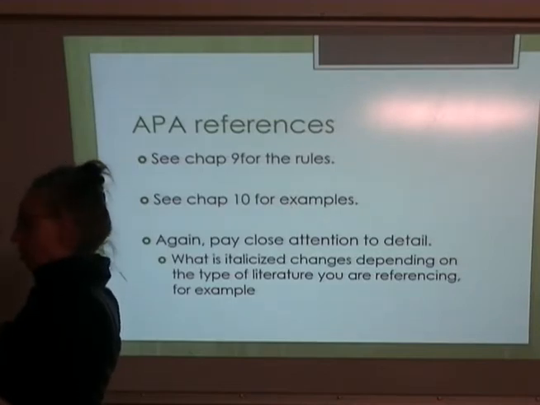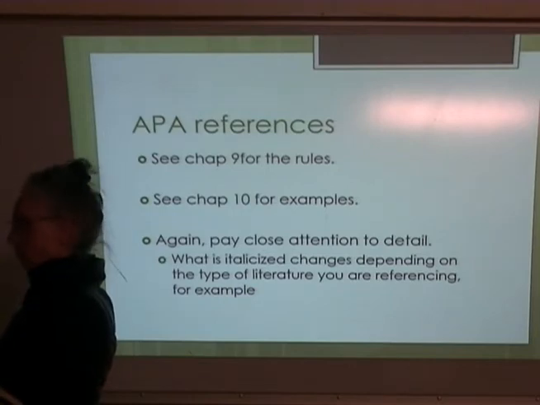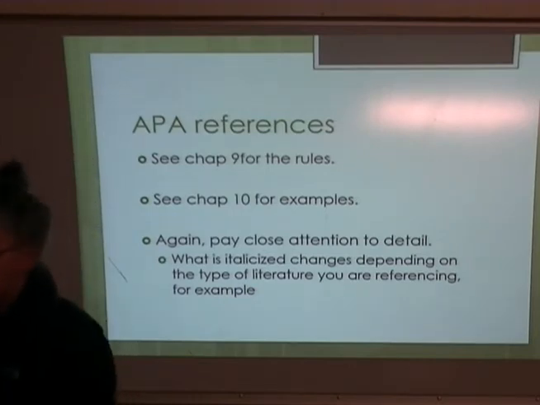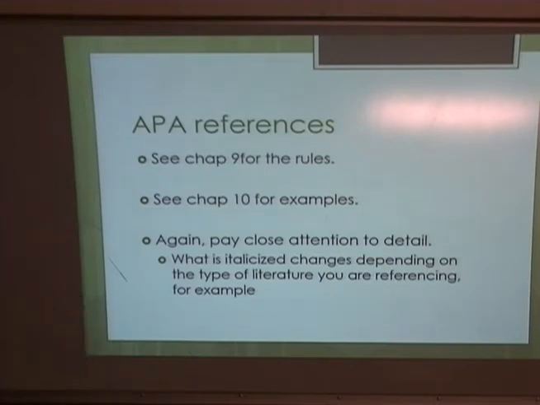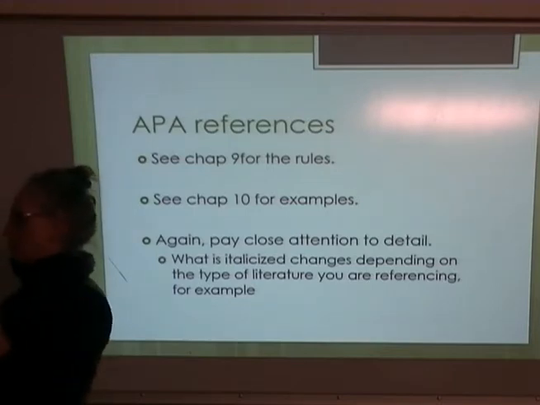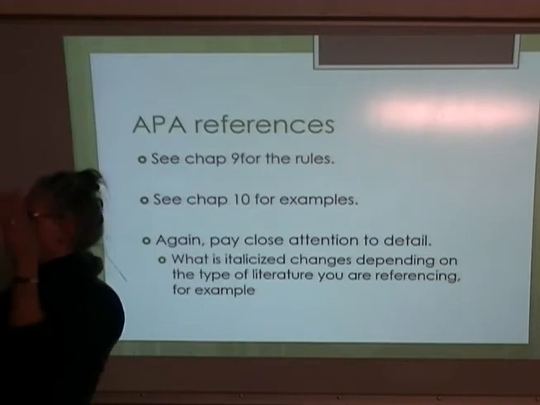We've got the author. So who wrote the thing? Okay? And it's important when you're doing your papers to pay attention to the fact that in APA we don't change the order of the authors that is on the paper.